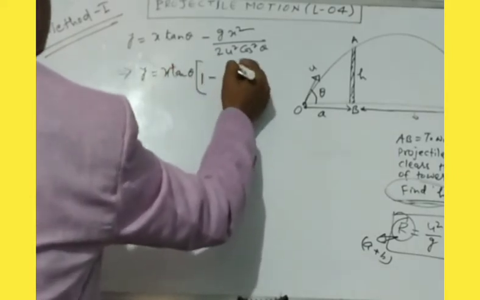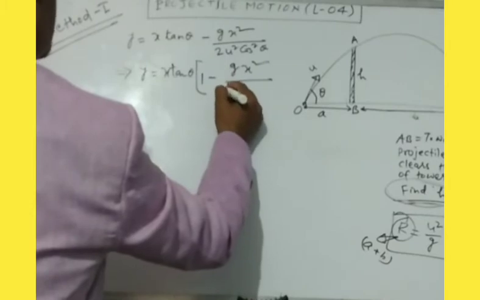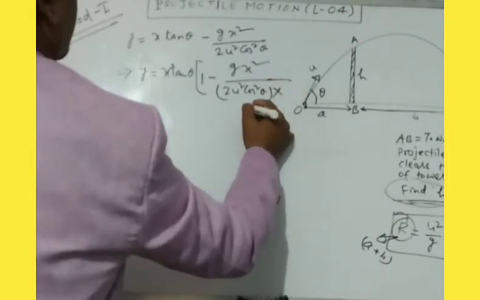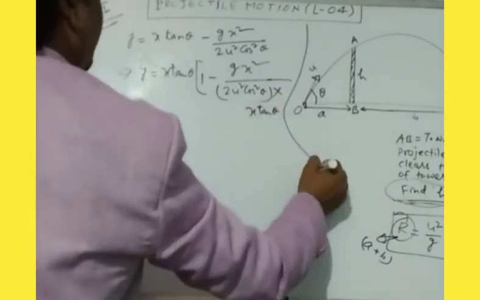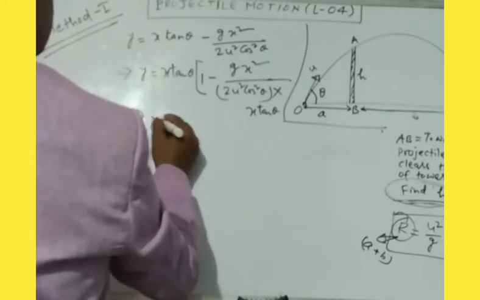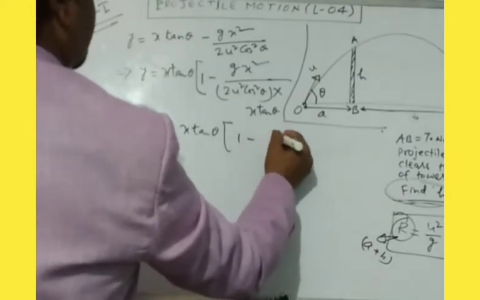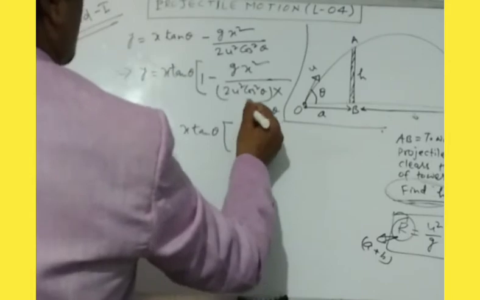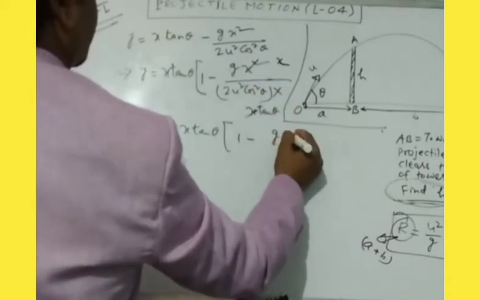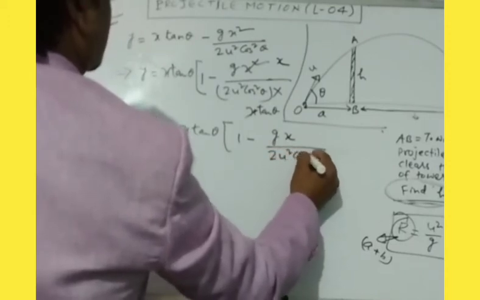So you will find x tan theta into 1 minus g x square upon 2u square cos square theta into x tan theta, or this can be written as x tan theta into 1 minus g x upon 2u square cos square theta, where one x cancels. It is not g x square, it is only g x.